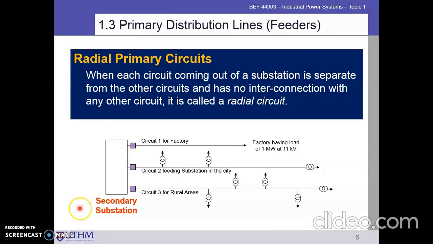Radial, as we know, is similar to series. There is a substation here going to circuit 1, circuit 2 and circuit 3. Circuit 1 may connect to a factory, circuit 2 feeds a substation in the city, and the third one is for rural areas.